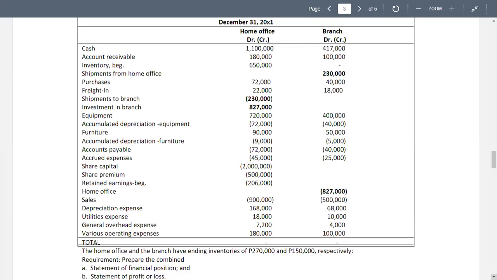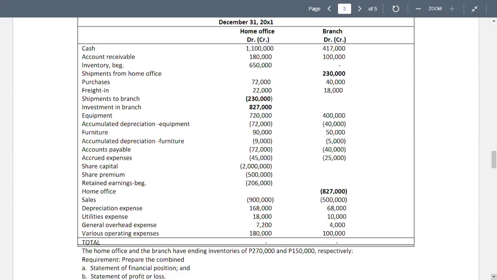Then sales total 1,400,000. Depreciation expense total of 236,000. Then utilities expense total of 28,000.